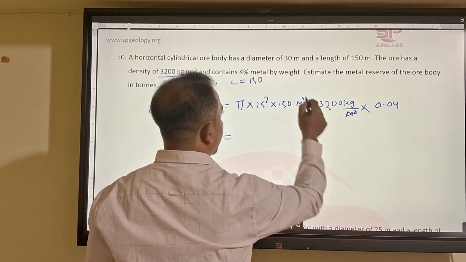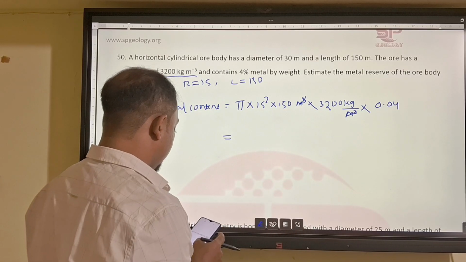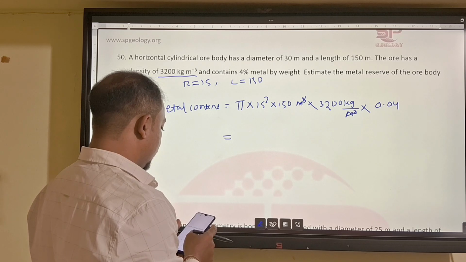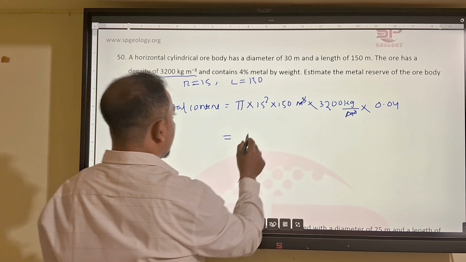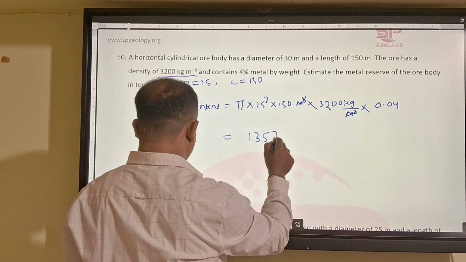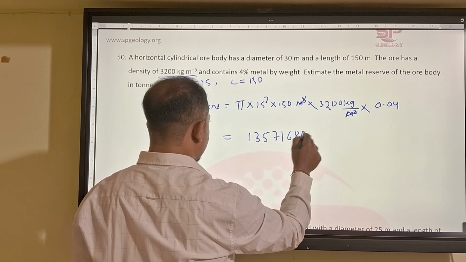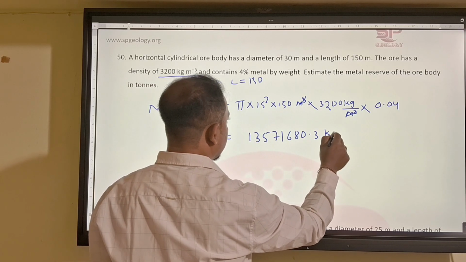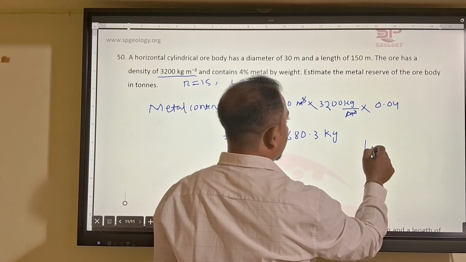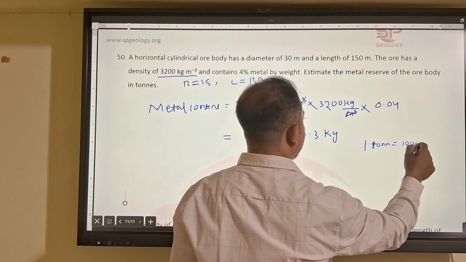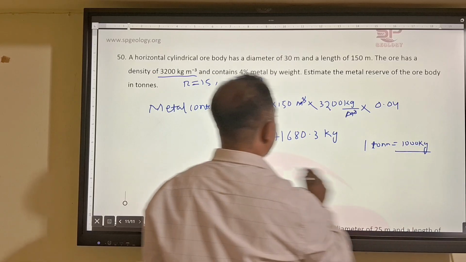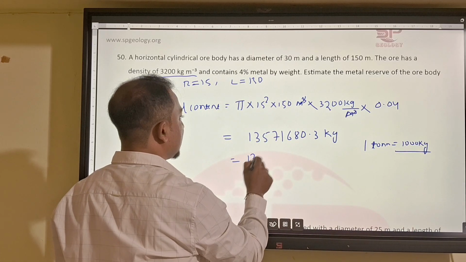So meter cube will be cancelled, and the answer will be in kg. It will be 13,571,680.3 kg. You know, 1 ton is equal to 1000 kg. So if you convert it, the answer will be the same.